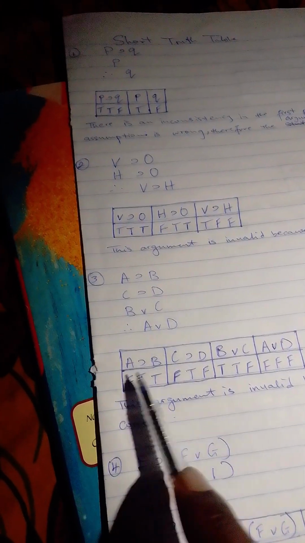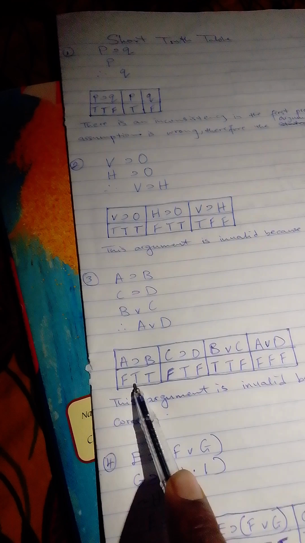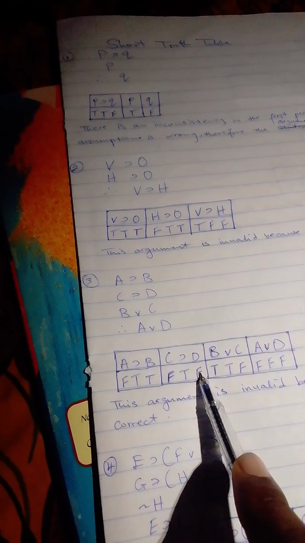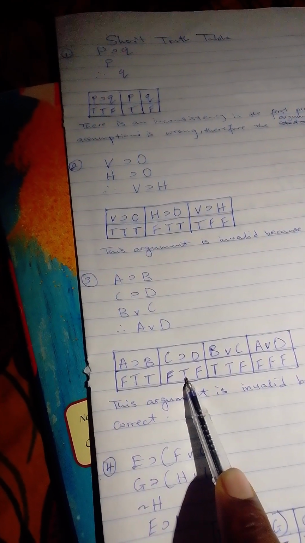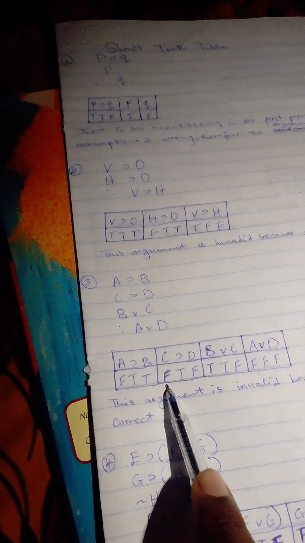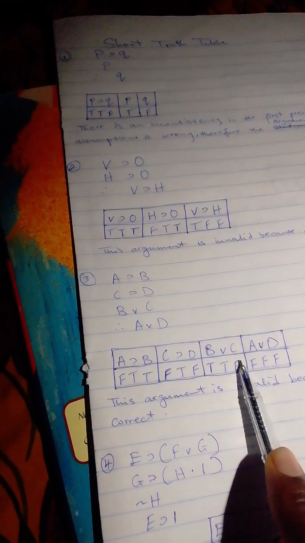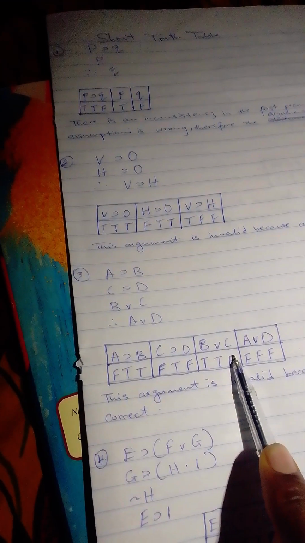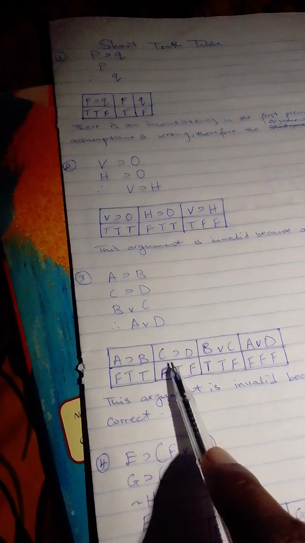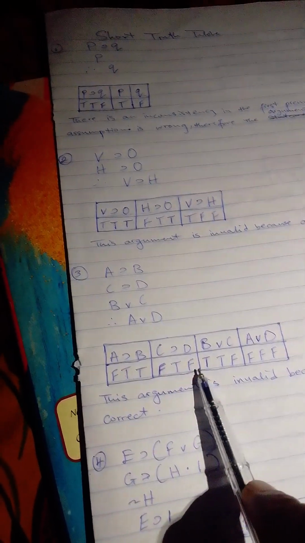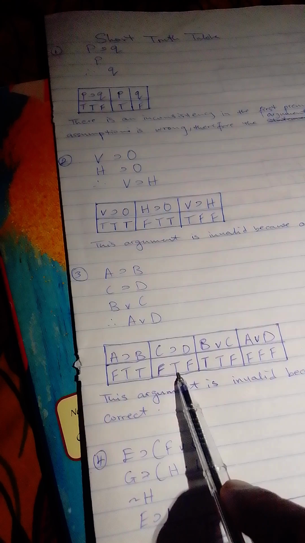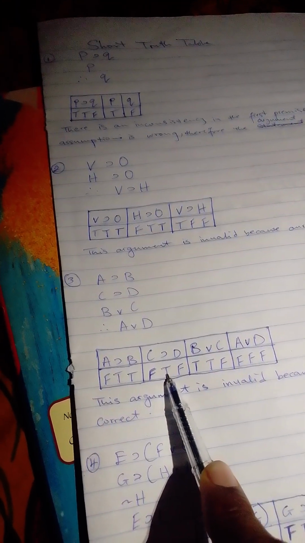So when we have false and true, it gives us true. Here we already have false and true. We also assume here to be false because of this disjunction. So this conditional we have false and false. Under conditional it gives us true.